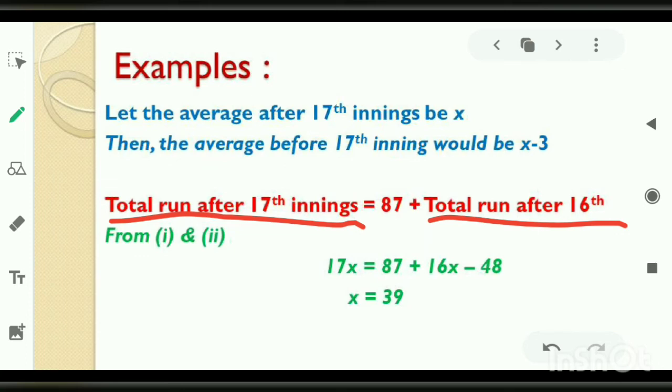So we can make a formula like this: the total runs after 17 innings is nothing but 87 plus the total runs after 16 innings. On substituting the values, we will get x as 39. So 39 is nothing but the average scored by the batsman after 17 innings.